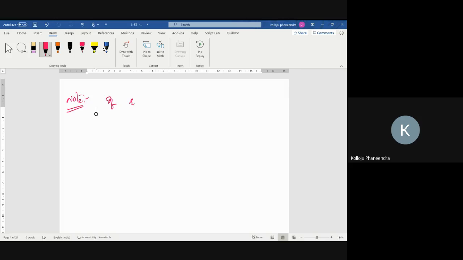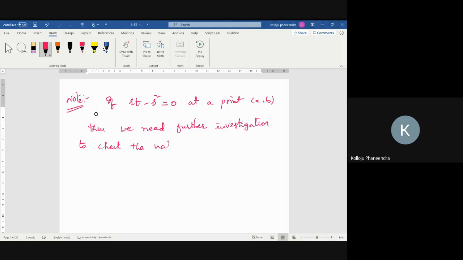If rt minus s square equals 0 at a point, for example (a, b), then we need further investigation. Investigation here does not mean a CBI investigation. We have to take further action, to check the nature of the stationary point.